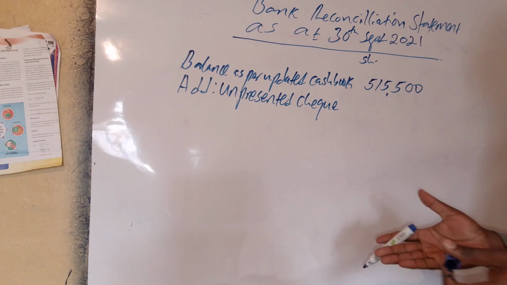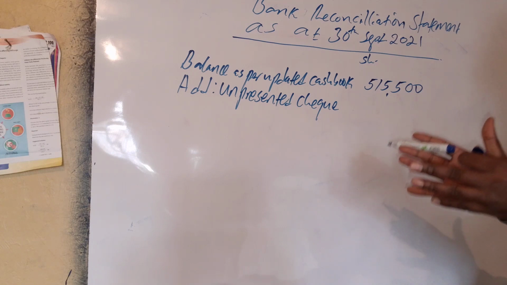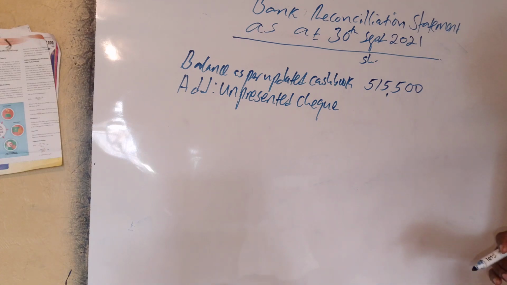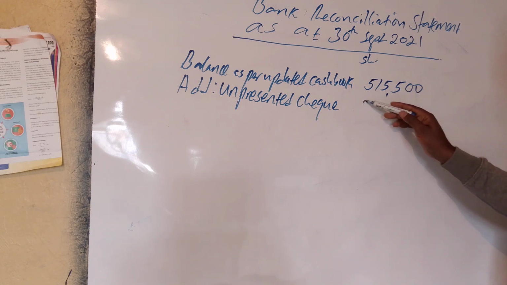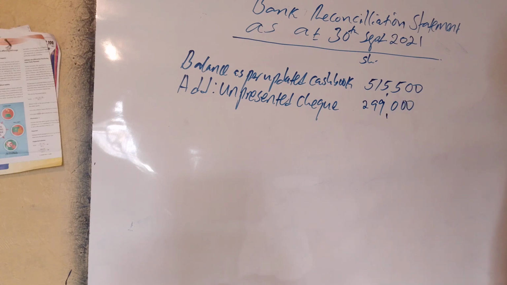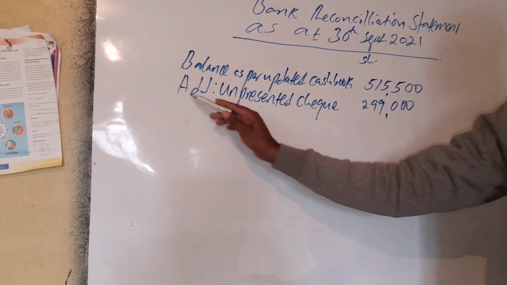That is why we are adding it back, because it is not presented and money has not been deducted from our account. And this unpresented check was totaling 299,000.